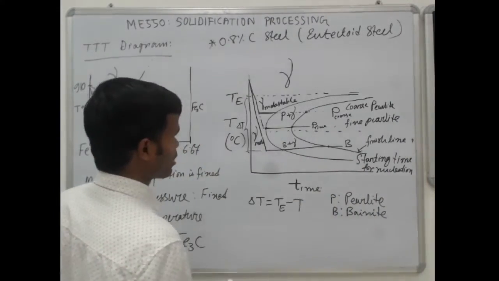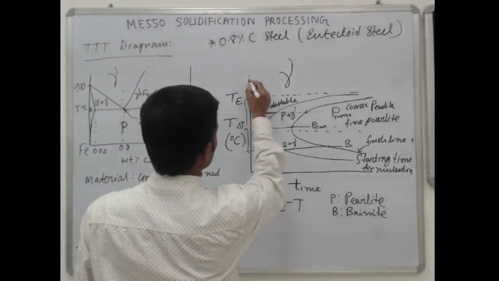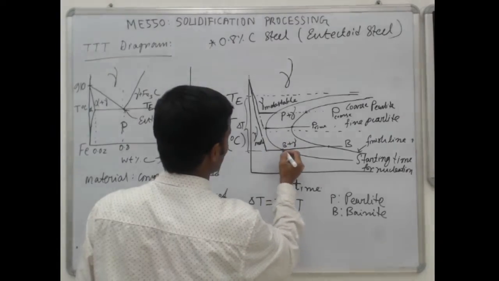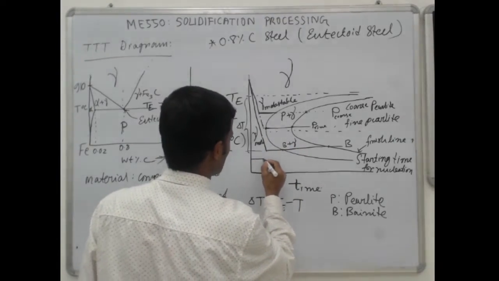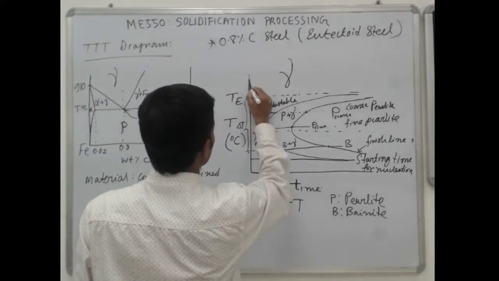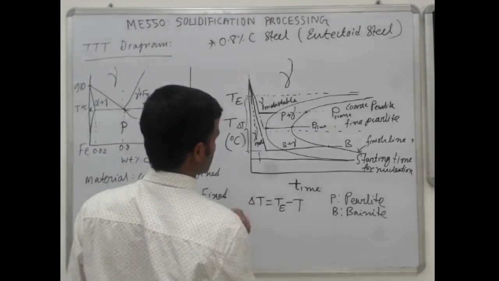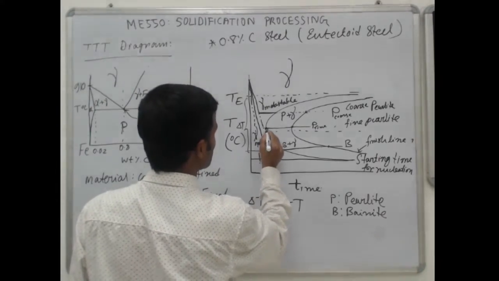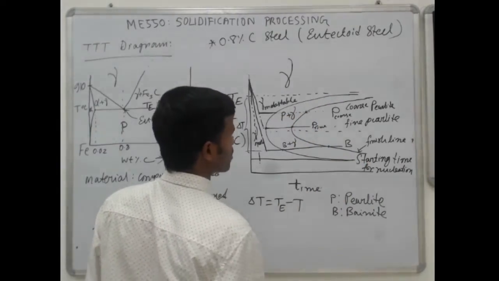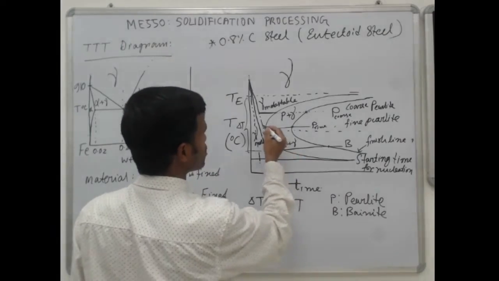And then what happens, suppose you cool it very fast and you don't hold it here, so you don't intersect any part of this starting time, the time required for starting the nucleation.